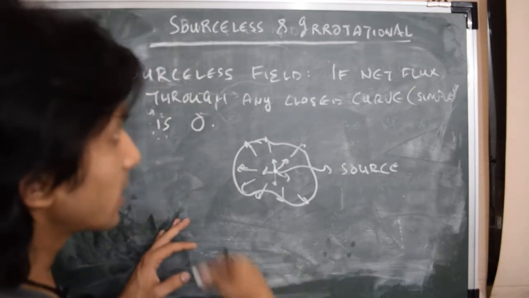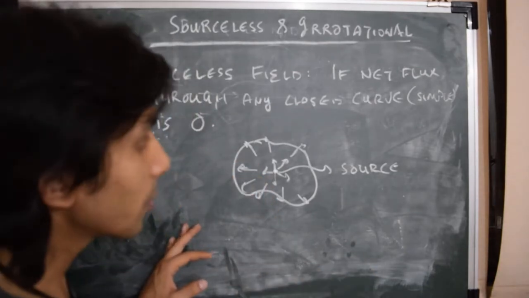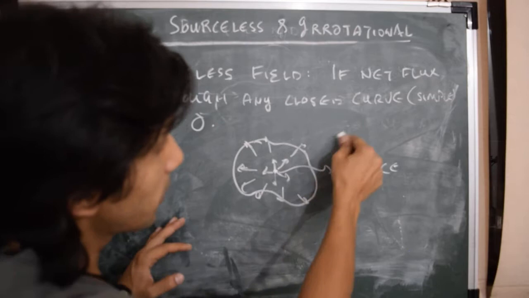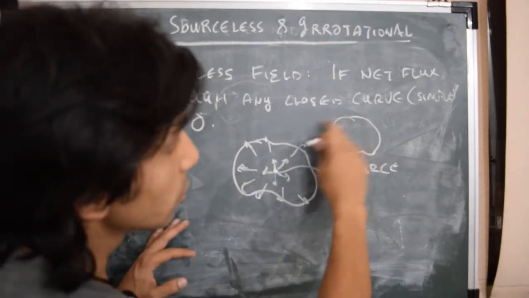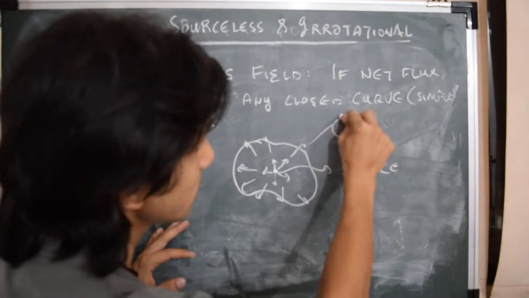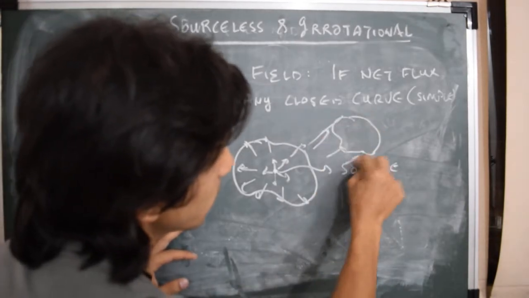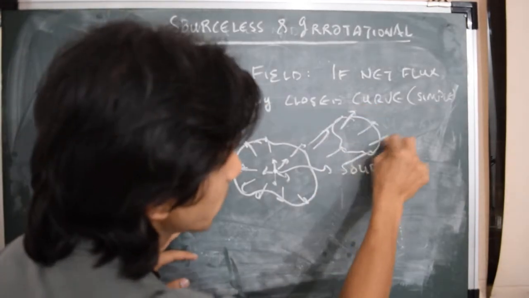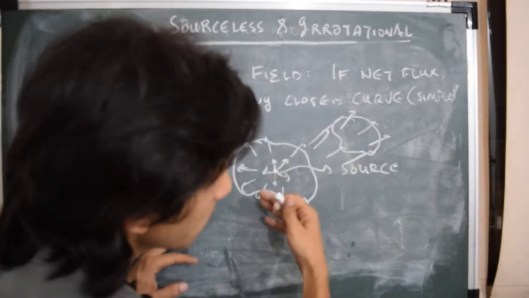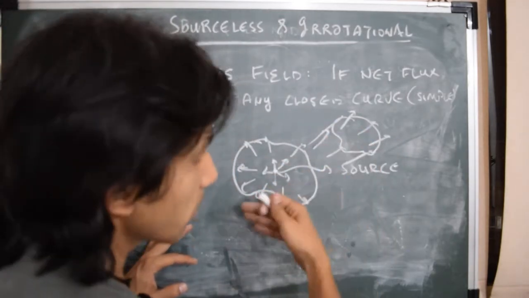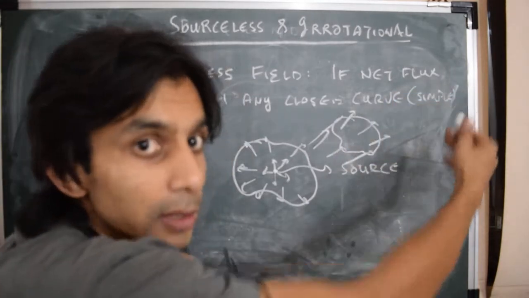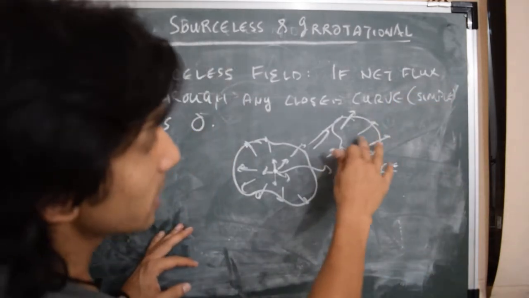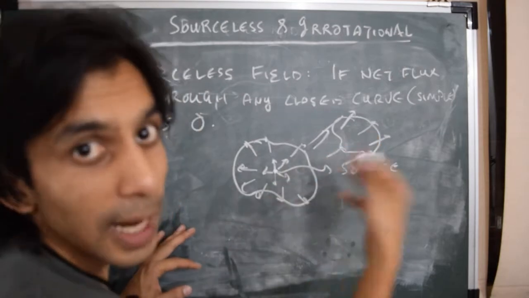And this motivates our definition of a sourceless region, where instead of drawing a loop around the source, we draw a loop somewhere else in the region of space like this. Then whatever is the flux of the fluid that enters this curve is equal to the flux that will be flowing out of the curve, because there is nothing either absorbing the fluid or adding to the fluid.